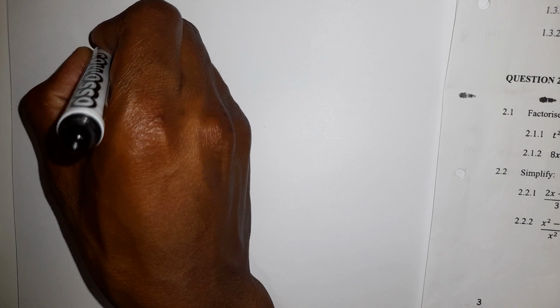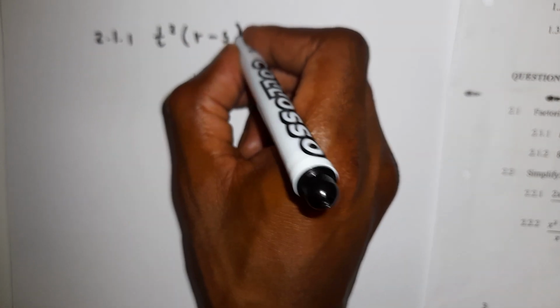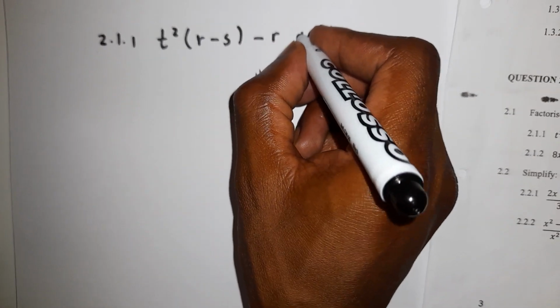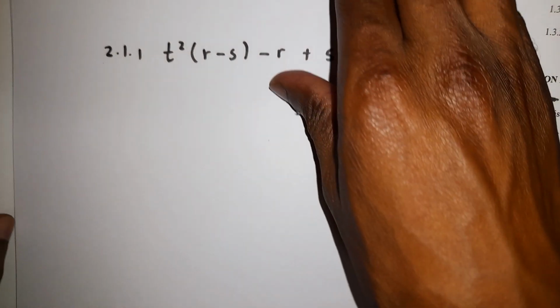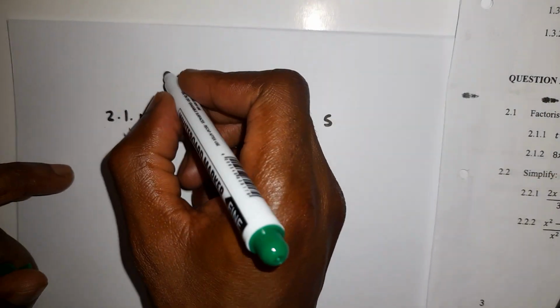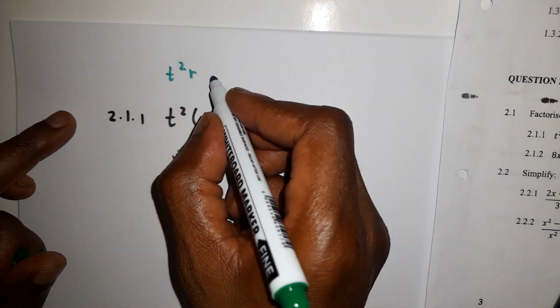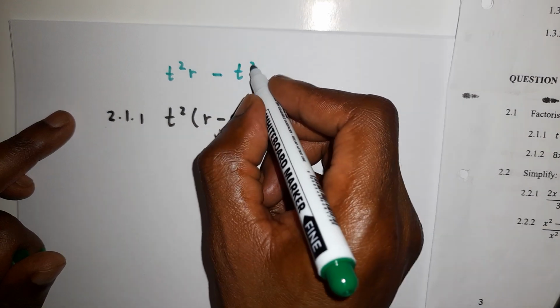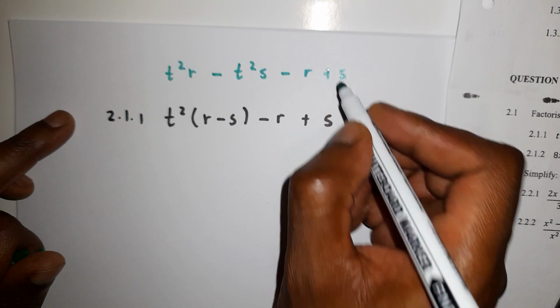The first question there is to factorize again. I'll copy it down quickly. We have 2.1.1: t squared into r minus s, minus r plus s. If I were to multiply this out, I would have t squared r minus t squared s minus r plus s.